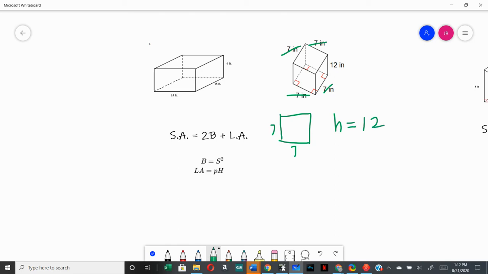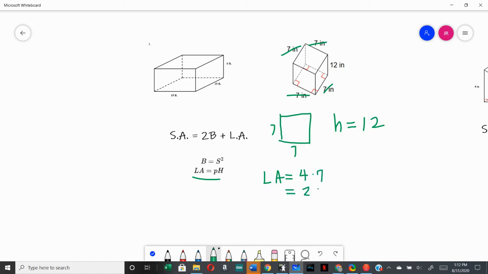So I'm going to find the lateral area first. The lateral area is the perimeter of the base times the height. So how do you find perimeter? You add up all the sides. So here I have a square. So a square, when I find the lateral area, would be 4 times 7 because it has 4 sides.